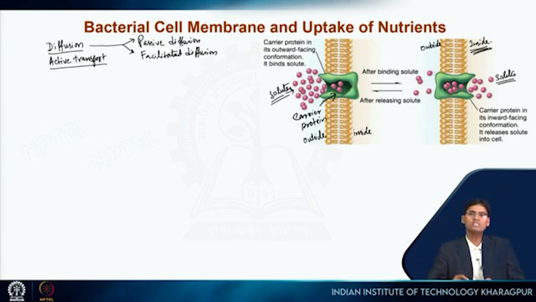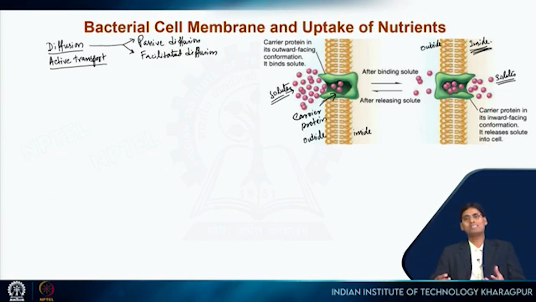Although this is observed in many bacteria, it is not that common, because in natural conditions, bacteria are present in water or other places where not that much nutrient is available, not a nutrition-rich environment. So it is not always easy to take nutrients from outside to inside through facilitated diffusion.